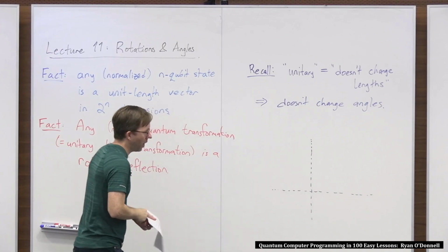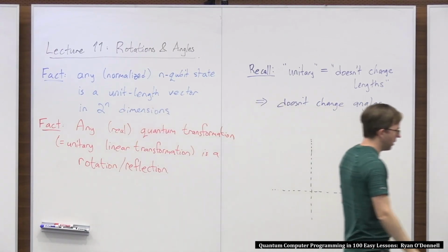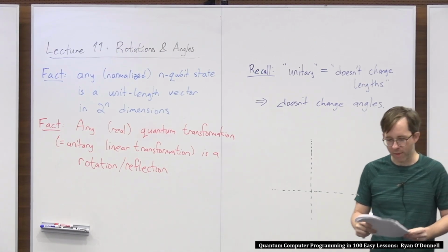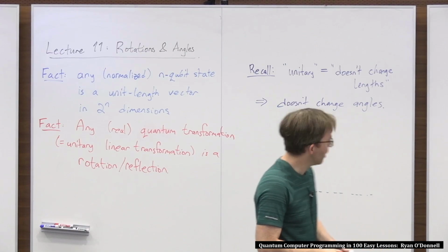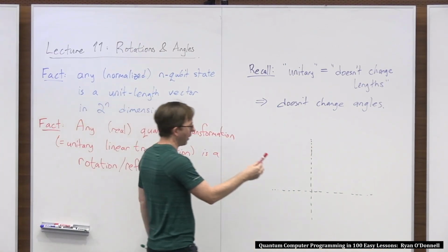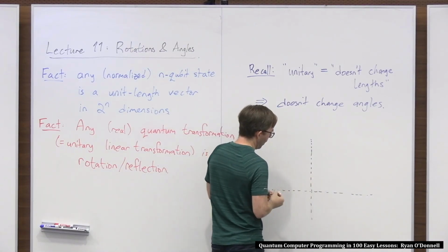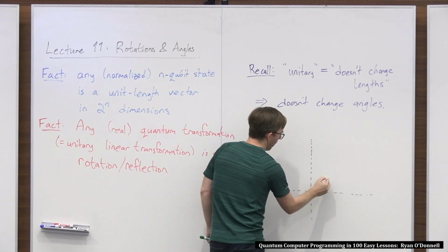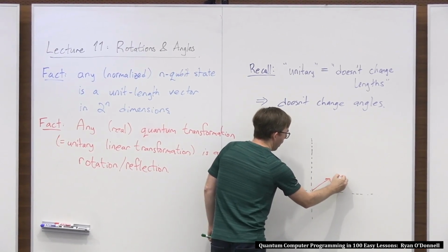Let me try to justify that by physical intuition. If you read the homework solutions, maybe you'll see it justified more by mathematics, but here's how I like to think about it. Let's say you have some unit length vector, like this red vector here. We'll call this ket v.